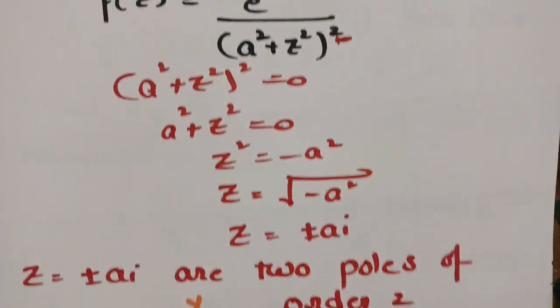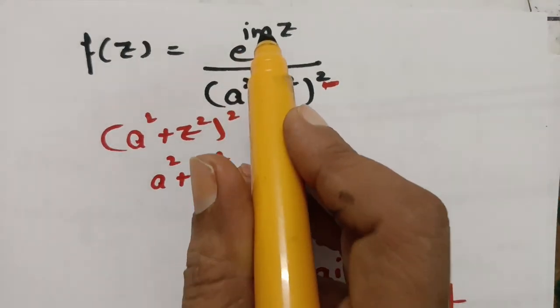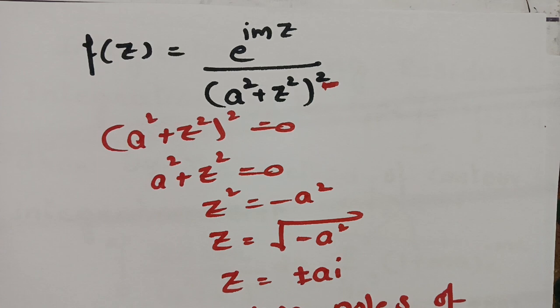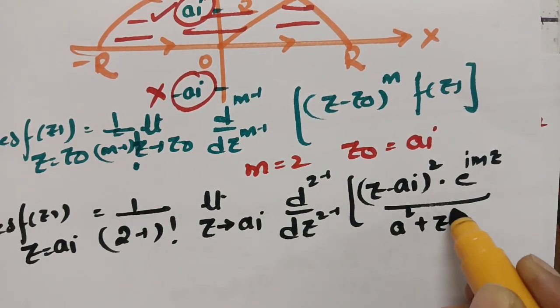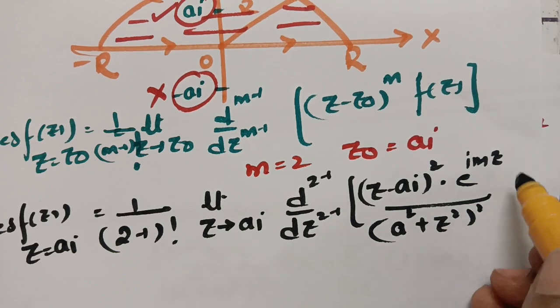So what is our f of z value? f of z is e power imz by a square plus z square whole square. Clear?